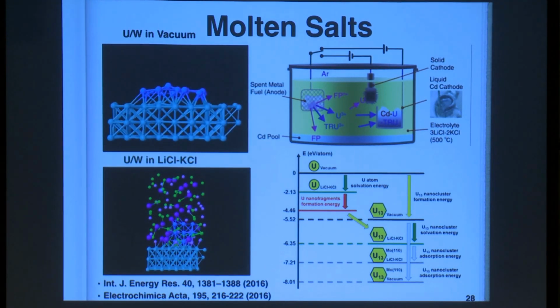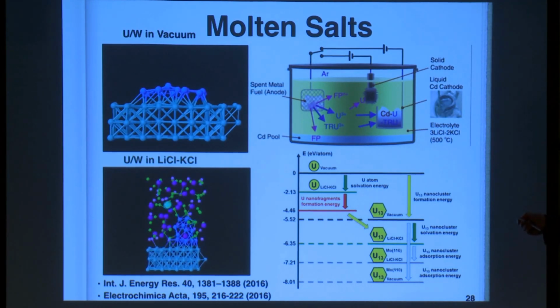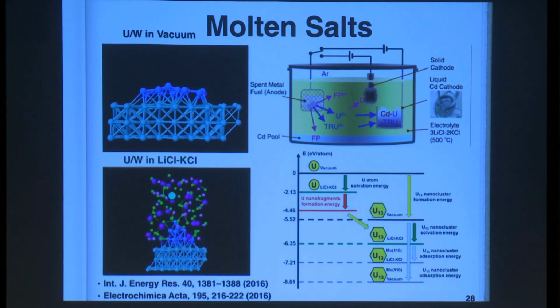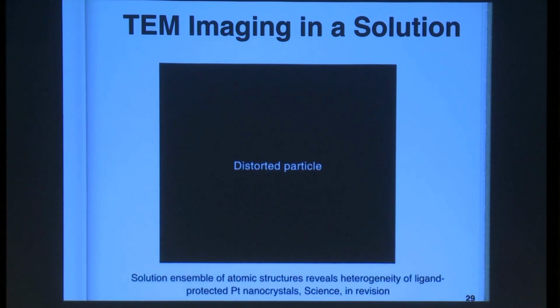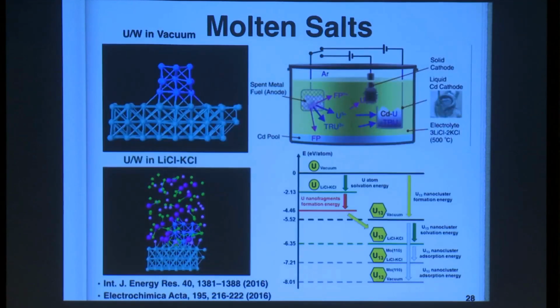But in the molten salt media, uranium cannot form a flat layer; it always grows in dendrite form because of the green atoms. Green is chlorine ions. Uranium has a very strong interaction with chlorine ions, and that drives uranium to grow in dendrite formations. Of course, the experimental observations show that uranium grows in dendrite form, right? So it completely agrees with the experimental observation as well.